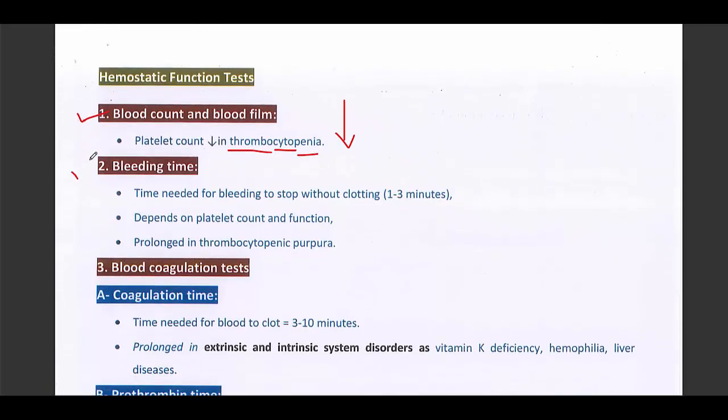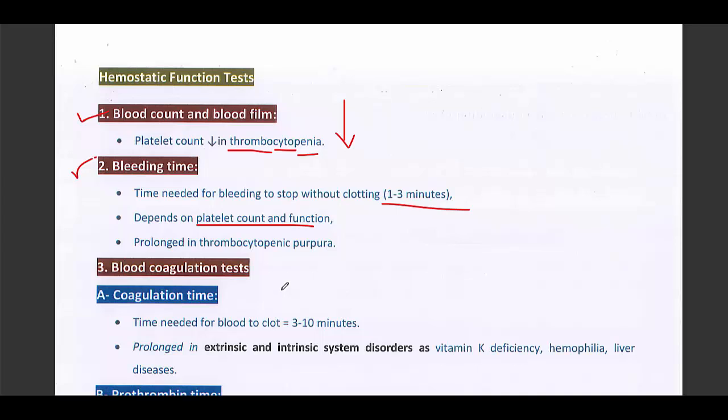The second test is bleeding time. It is the time needed for bleeding to stop without clotting. It takes from 1 minute to 3 minutes, depending on platelet count and platelet function. If these are normal, the bleeding time will be normal.